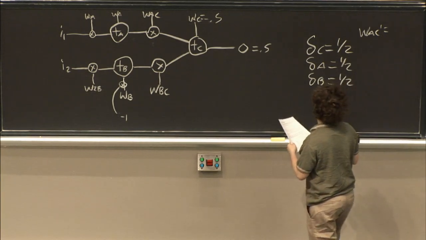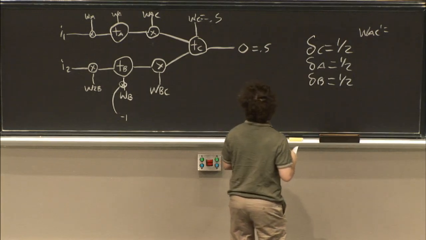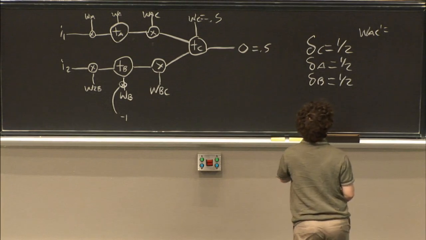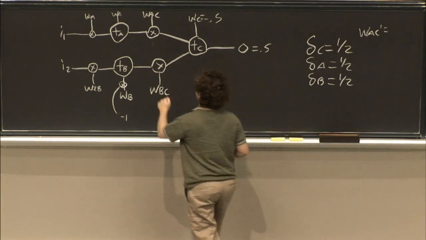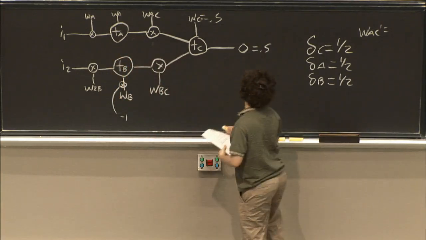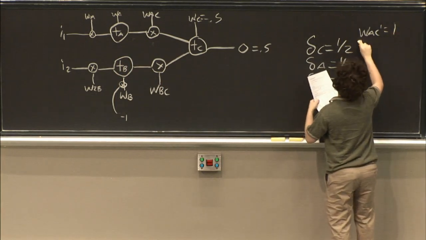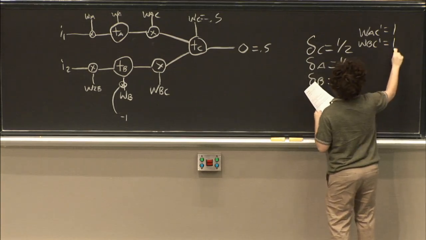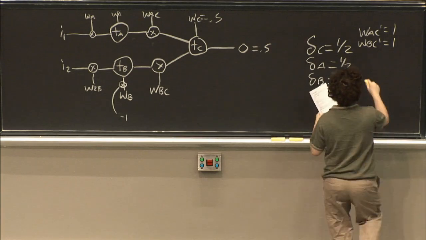The new WAC is going to be the old WAC, which is 1, because all of them are 1 except for WC, plus the rate constant, which is 1, times the input coming in here. But remember, that was 0. So actually, it's just going to be the same as the old WAC. And since this is a symmetrical problem between B and A at the moment, this is going to be the same. All right. Some things are going to change, though.